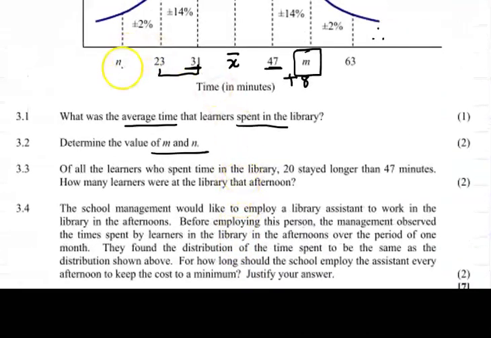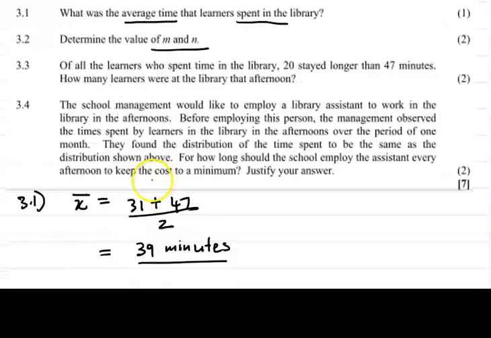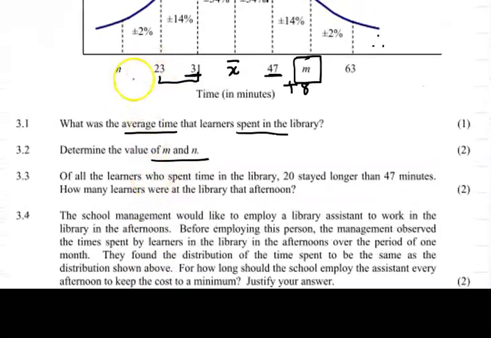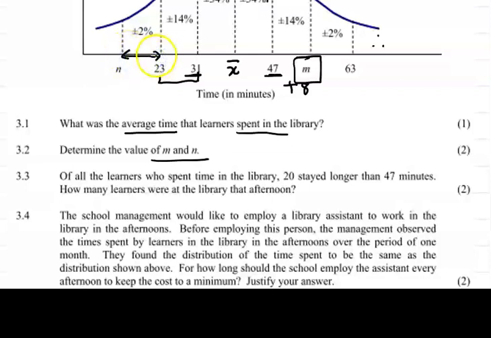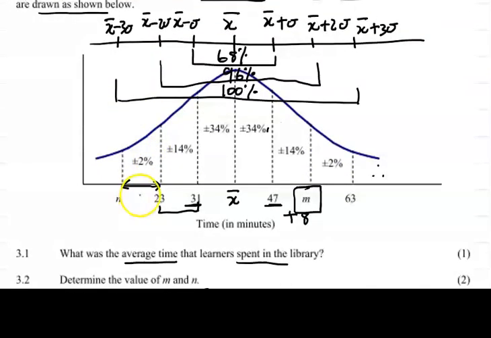Let's look at the value n. We can calculate n as follows. n will simply be 23 minus 8, because the distance between x minus 2 standard deviations and x minus 3 standard deviations is just 8 minutes.